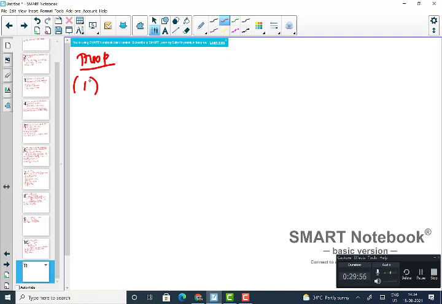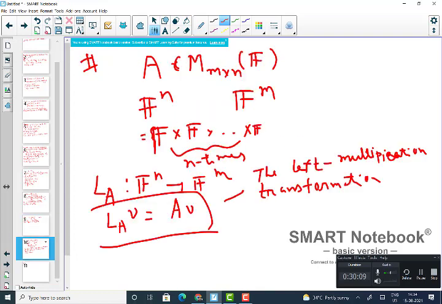So what does the standard ordered basis of Fn look like? It has dimension n, obviously, and it will be 1 0 0 ... 0, then 0 1 0 ... 0, with the second position being 1, and so on, and the last one will be 0 0 ... 0 1. So this is the standard ordered basis of Fn.